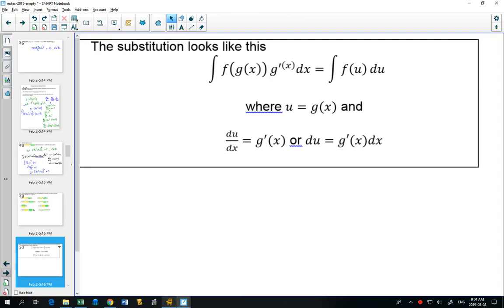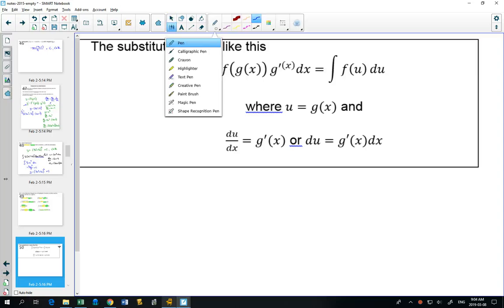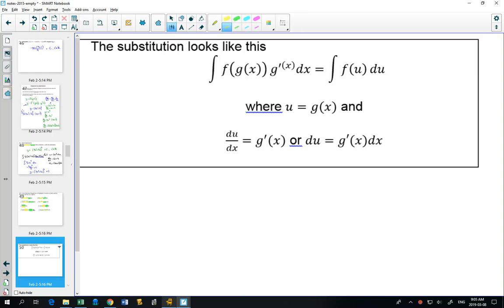So this is what substitution looks like. If we have a chain rule, in other words, when we have, and I'll highlight here because this is easier to see, when we have an inside function and its derivative present.